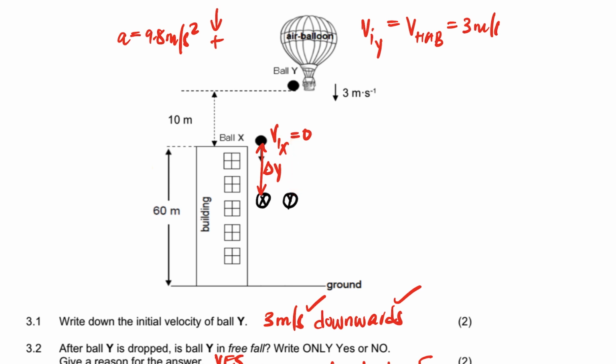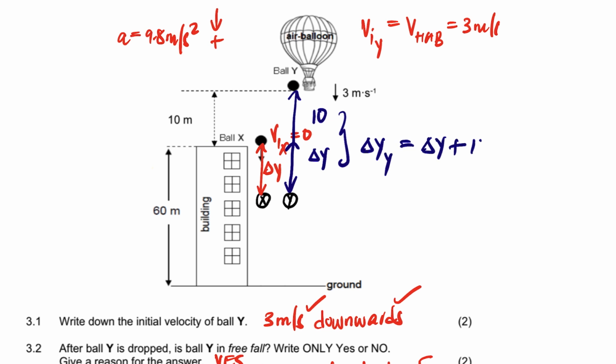So meaning that ball y travels the same distance as ball x, but with an extra 10 meters. So the displacement of ball y is going to be dy plus 10.